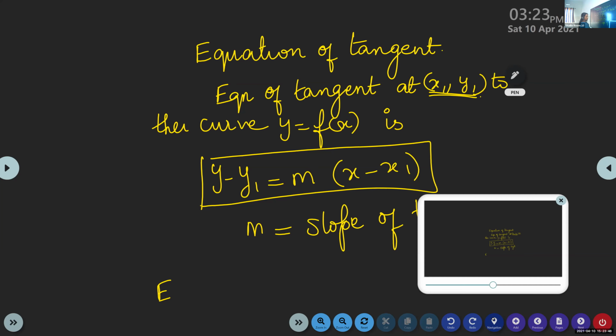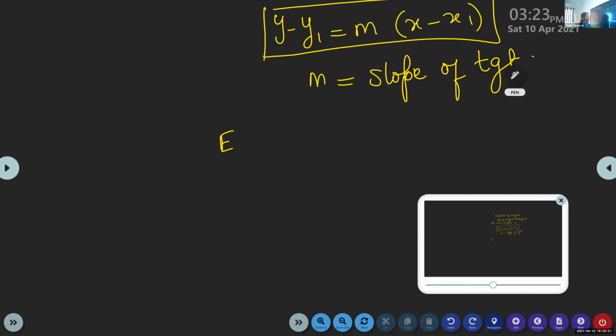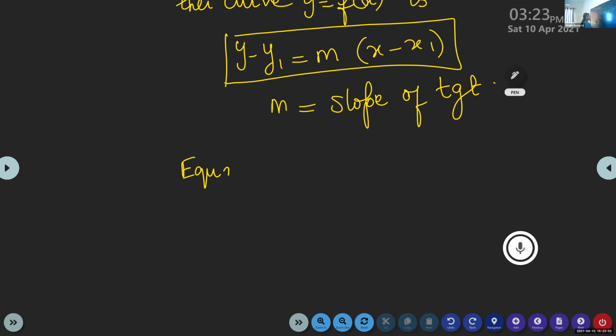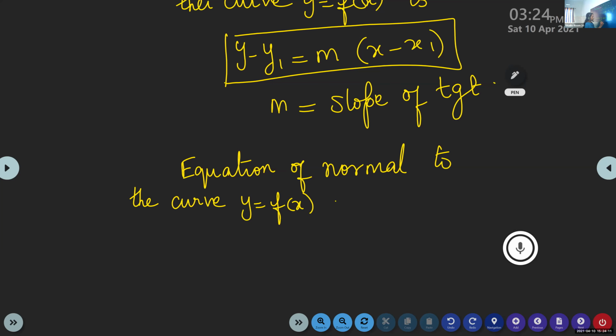Okay. Next is equation of normal. Equation of normal to the curve y is equal to f of x at the point x1 comma y1 is given by y minus y1 is equal to minus 1 by m into x minus x1.